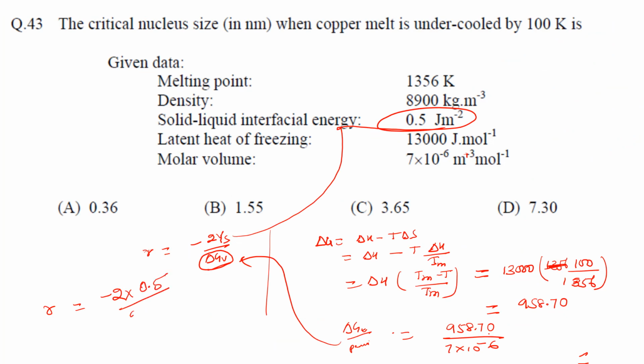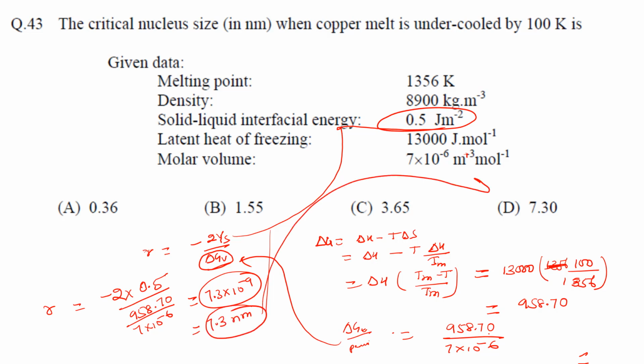Delta GV is 958.70 by 7 into 10 power minus 6. So the answer will be 7.3 into 10 power minus 9. So this will be 7.3 nanometer. So the correct answer will be option D over here.